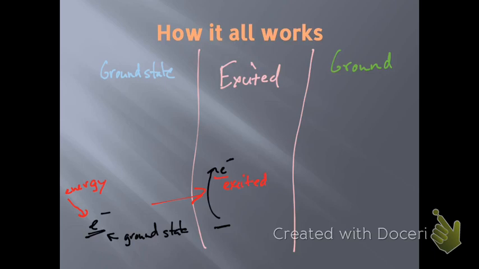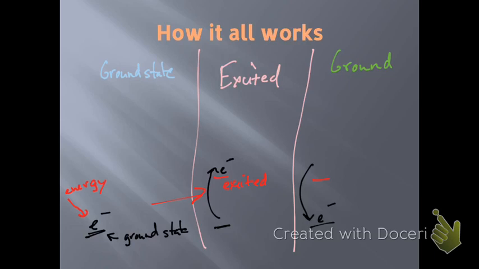But at some point, this electron wants to return to its ground state. Here's the excited state, and the electron will return back to its ground state. But here's the thing: the energy has to go somewhere. Before the electron can go back to its lowest energy state, the ground state, it has to remove that energy.